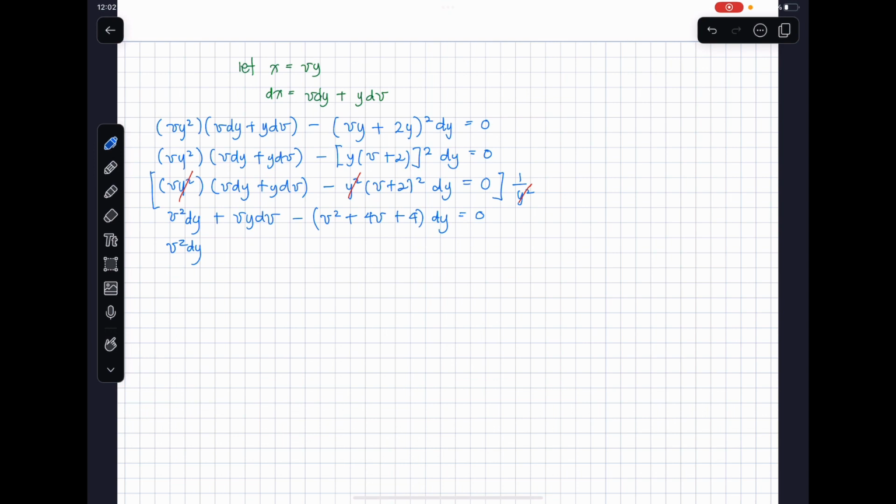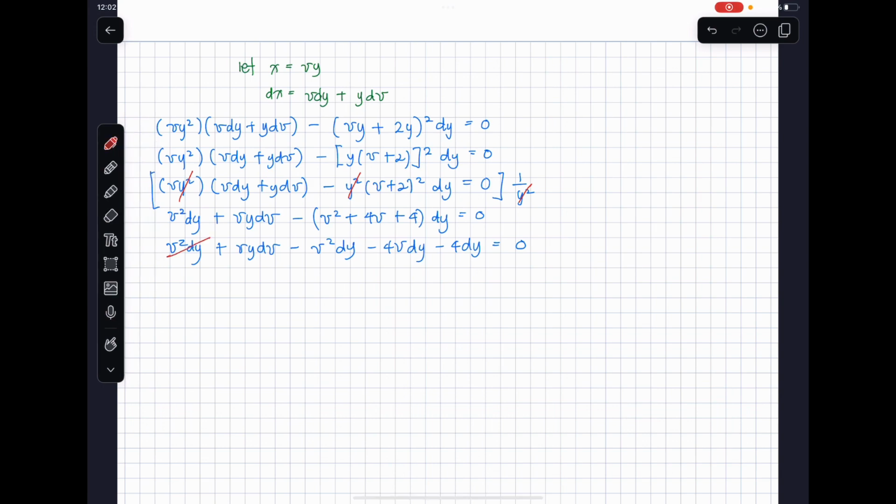So v squared dy then plus vy dv minus v squared dy, we distribute the negative, so negative 4v dy and then minus 4 dy is equal to 0.